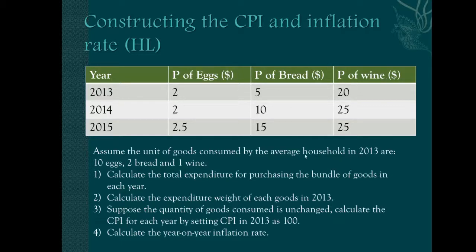You see here, 2013 is the base year, and for the base year they have determined these are the weights. They consume 10 eggs, 2 breads, and 1 wine. So these are the settings that we need to know, and now you can just calculate it.